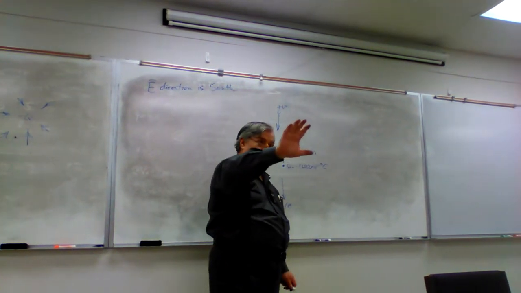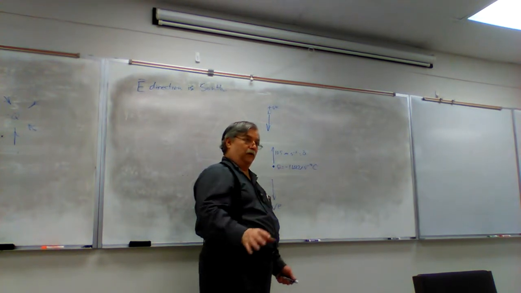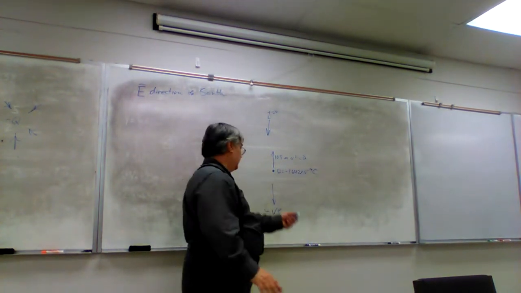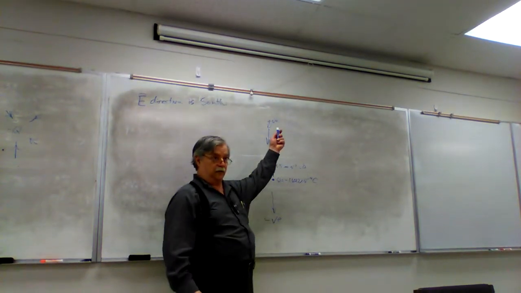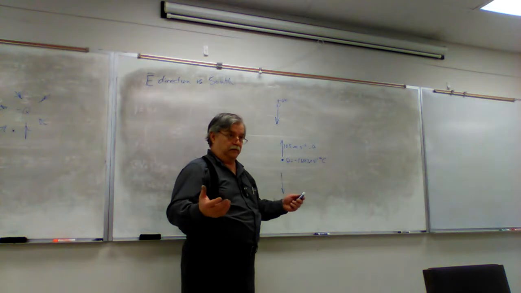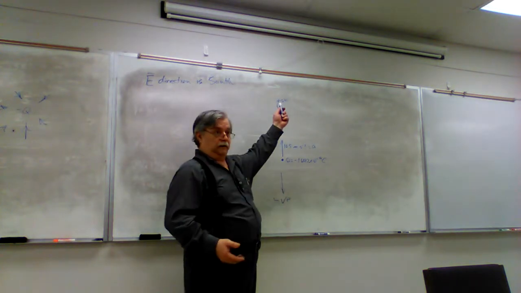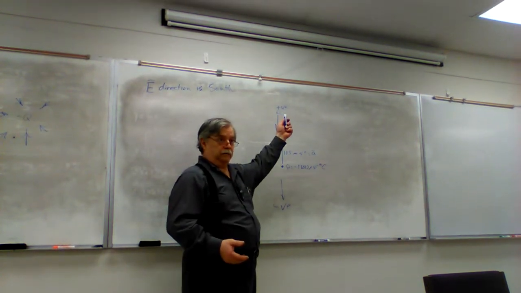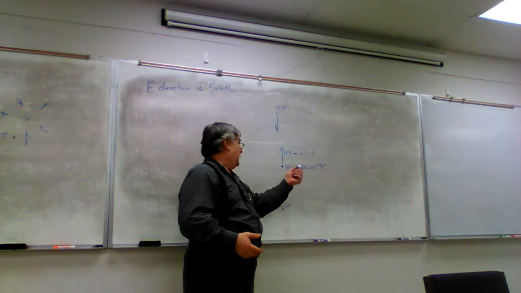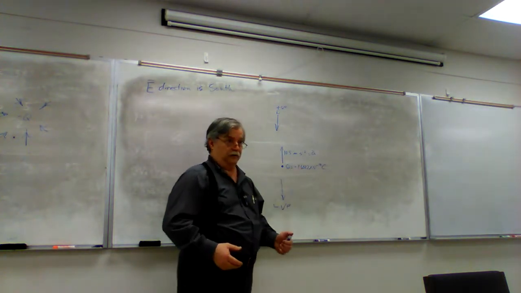Okay. Now, if you want to go all the way back, full circle around, if we start off by saying it's a proton and it's accelerated north, then which direction is the E field? It would be pointed north, because that's the direction it's going to push a positive charge.